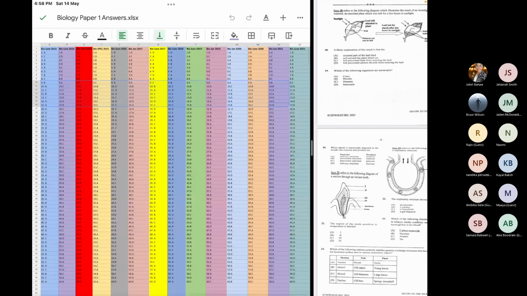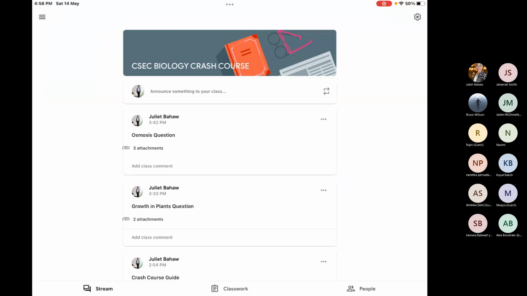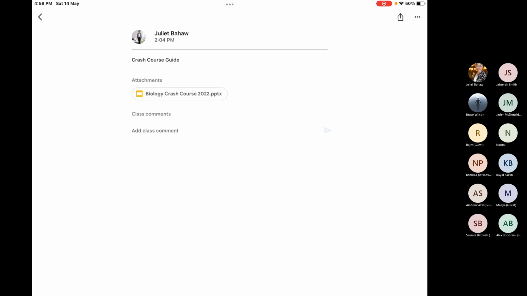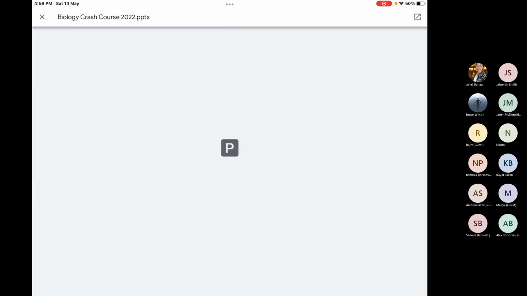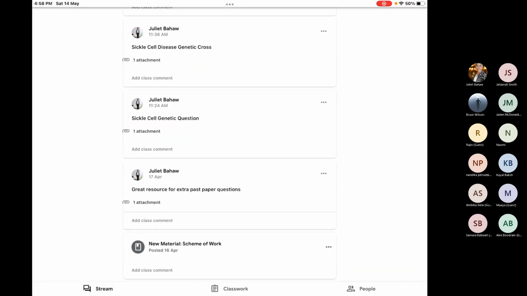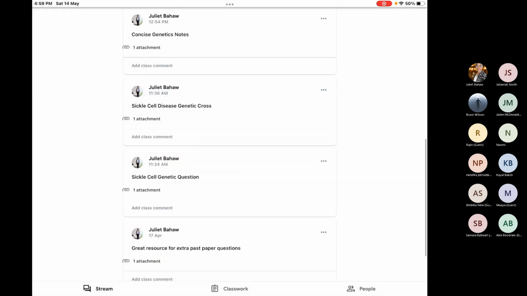You have every resource. So when you go to the classroom, don't forget you have the presentation, the crash course guide. You could always go through the notes, expand on them if you want to, brainstorm and put down everything into writing. You have the scheme of work if you want to go to particular topics to practice.